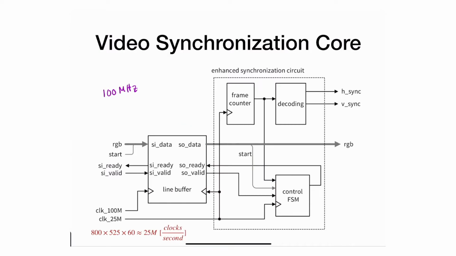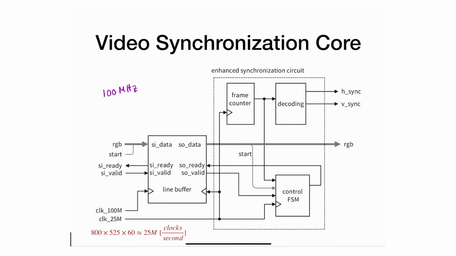However, this FIFO buffer is a little bit different in that it takes a couple of clock signals. It takes the clock signal from one clock domain, and the other clock signal from the other clock domain. It is capable of writing using a certain clock and reading using a different clock. So we have the 100 megahertz connected to the write part, and the 25 megahertz connected to the read part. So we have a FIFO that allows us to do this.